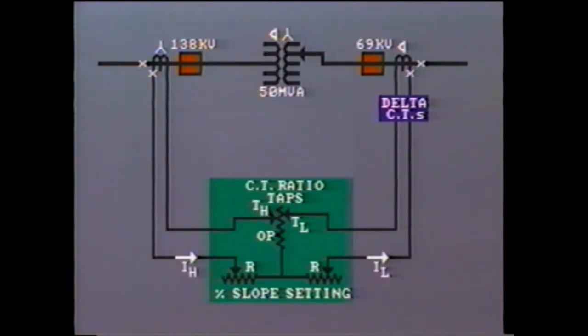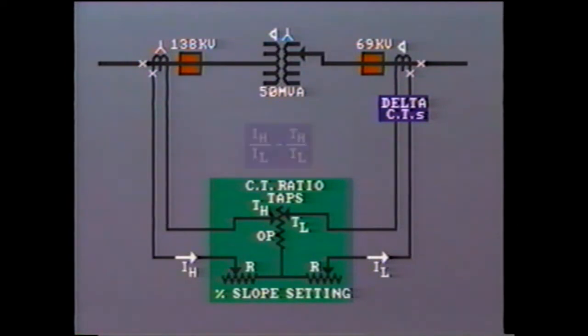In fact, this mismatch can be evaluated by comparing the difference in the ratio of high side current to low side current, against the ratio of high side tap setting to the low side tap setting. That is IH over IL minus TH over TL.